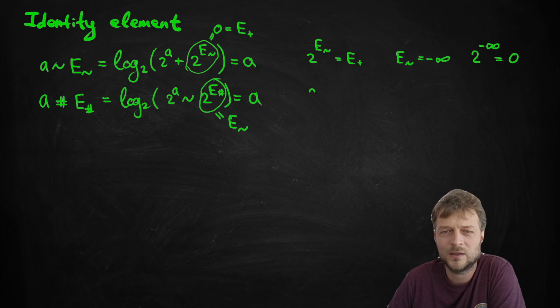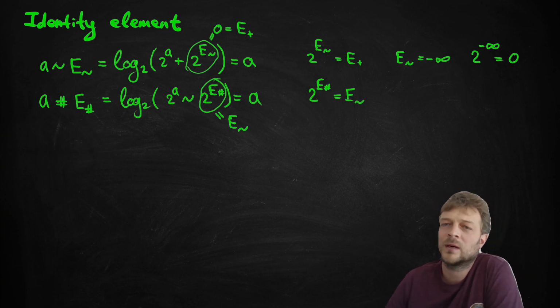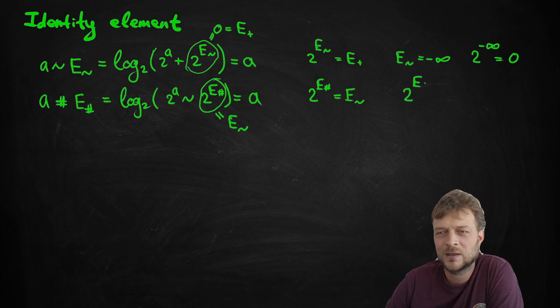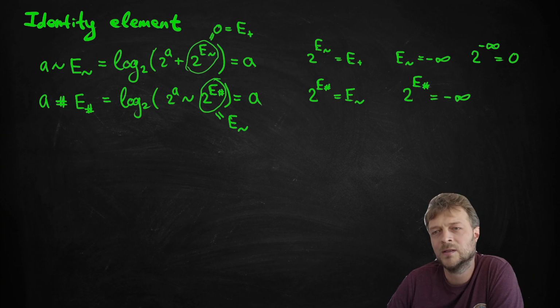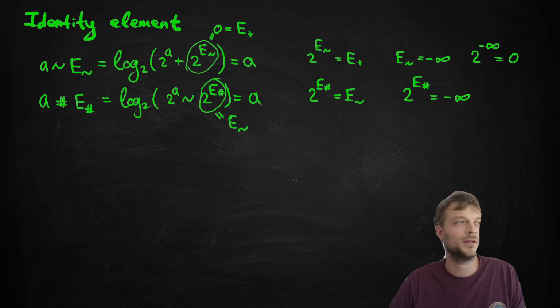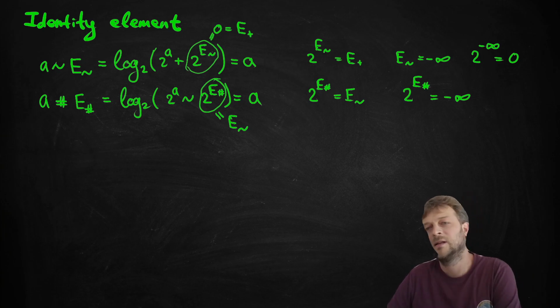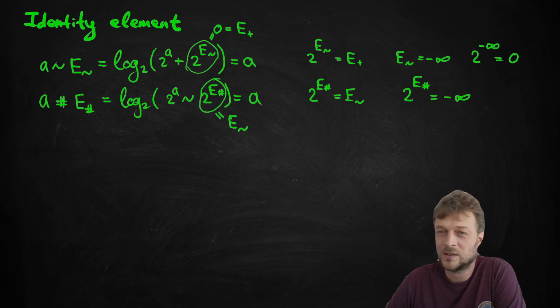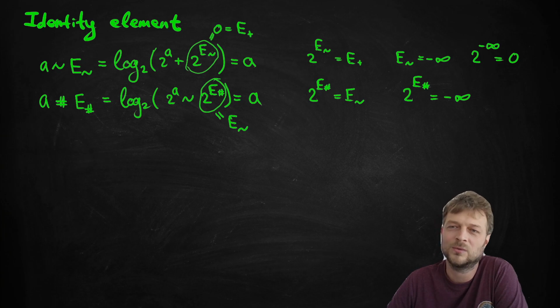Let's put it down here: 2 to the power E sharp has to be E tilde. Now, if E tilde is minus infinity, we need to solve the equation where E sharp as a power of 2 should be equal to minus infinity. Clearly we are stuck. If we use minus infinity in the classical sense, we cannot solve this equation. There is no E sharp such that 2 to its power will be minus infinity.